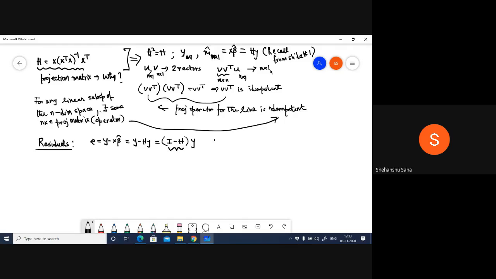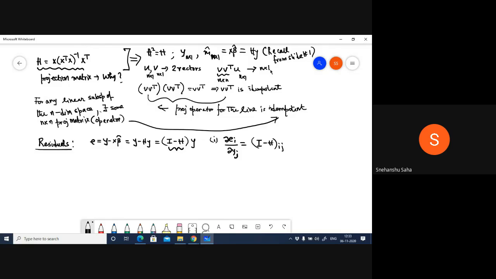So it's easy to see that delta e_i over delta y_j, which is the rate at which the residual changes with respect to a particular observation, is nothing but I minus H. You just read off the elements of the matrix.